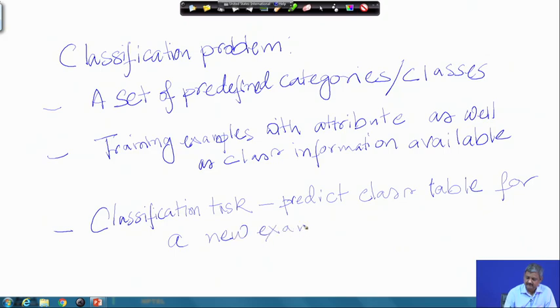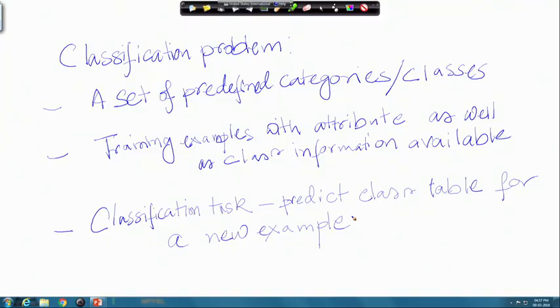You have to predict the class label for a new example. So, you have examples of, say, spam and non-spam email. You have to predict for a new email whether it is spam or not spam.